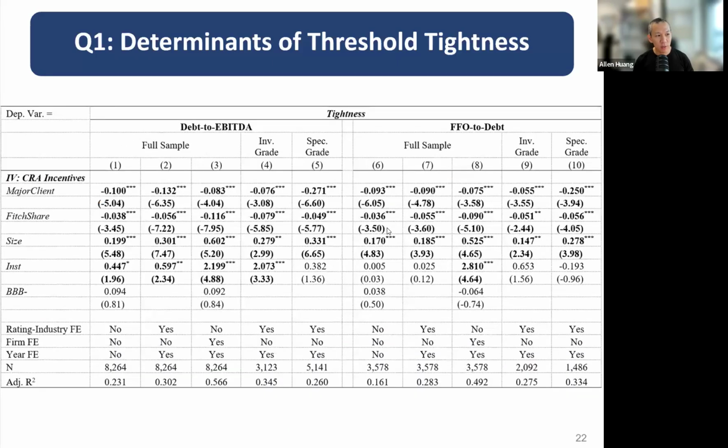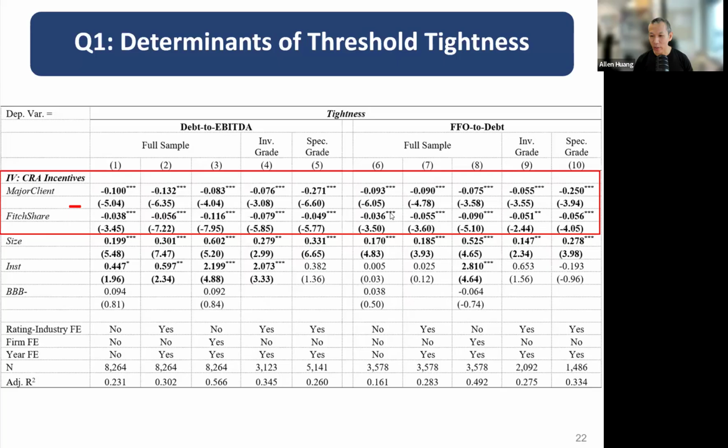And lastly, we look at the credit rating agencies' analysts in this hypothesis. We look at how important the clients are to the credit rating agencies. We look at whether this is a major client, based on the size of the client's revenue relative to the size of the credit rating agency's overall portfolio.